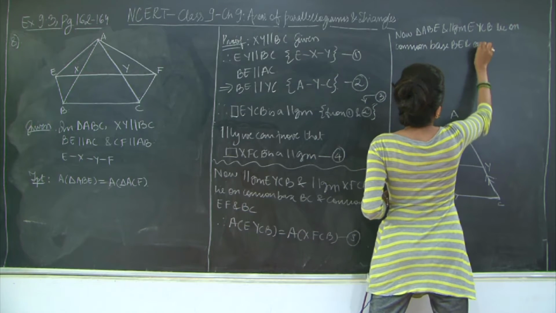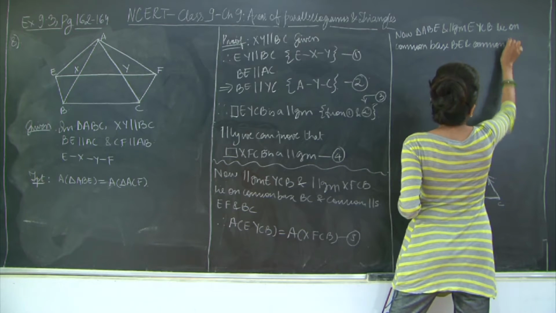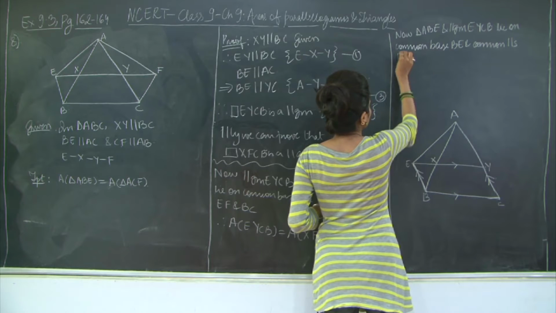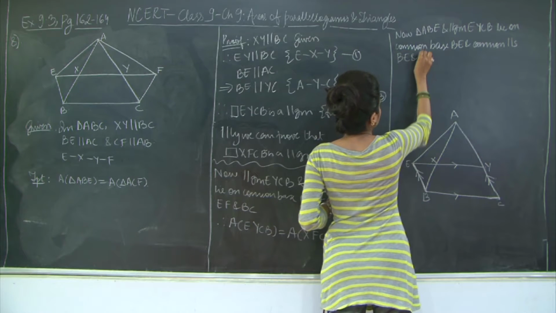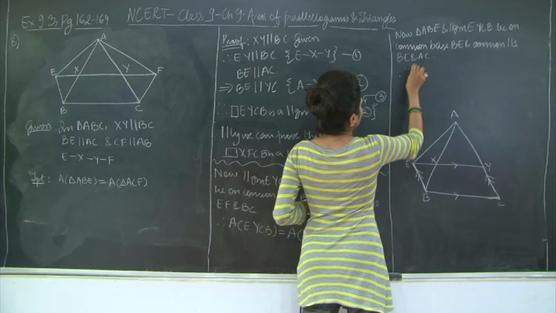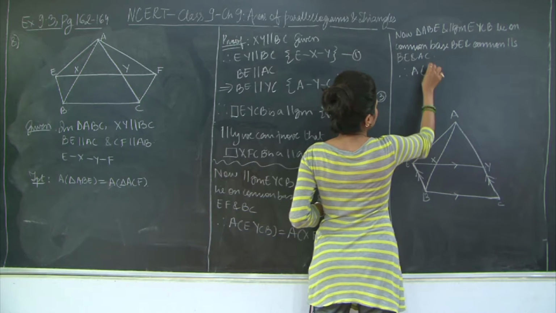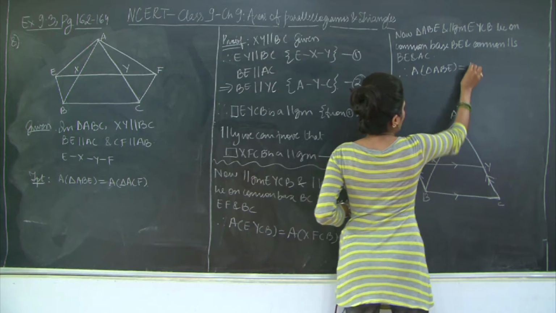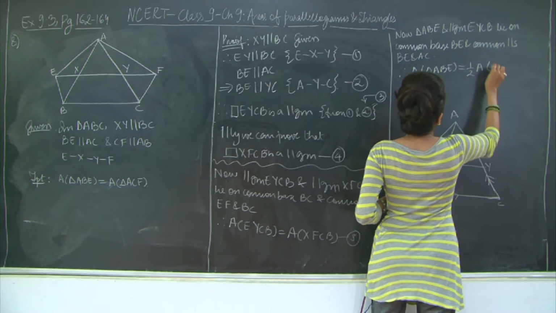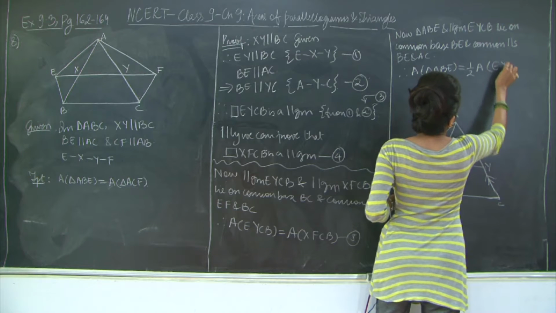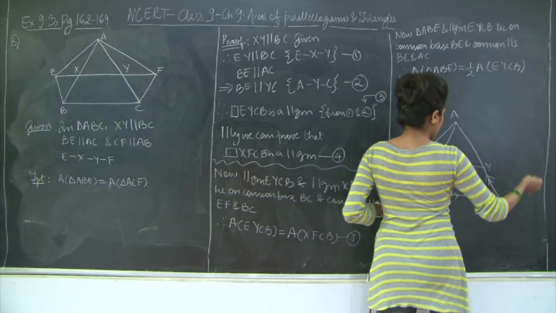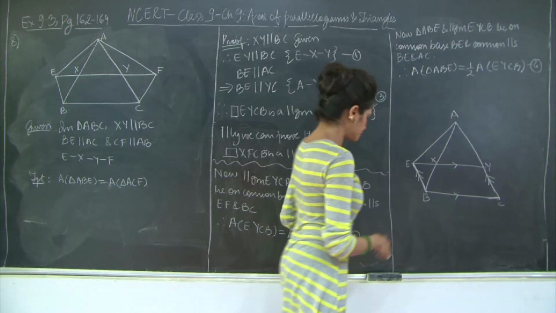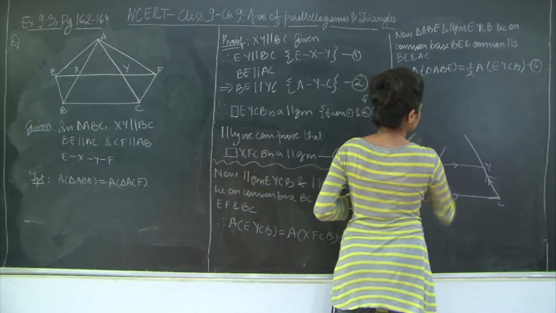And common parallels. What are my common parallels? BE and AC. Therefore, I have area of triangle ABE is equal to half area of EYCB. Let's mark this as 6. And let's erase this section.